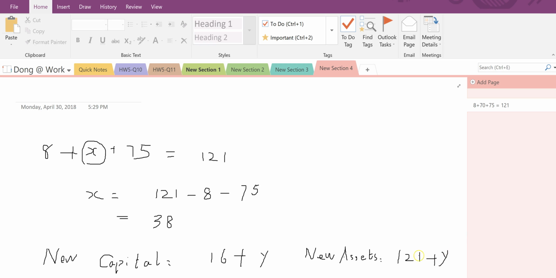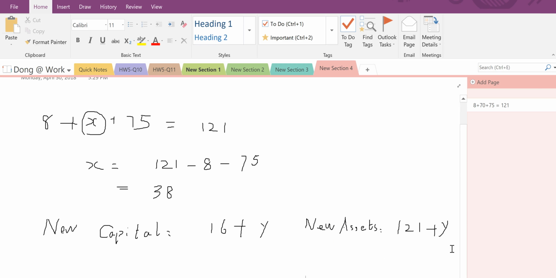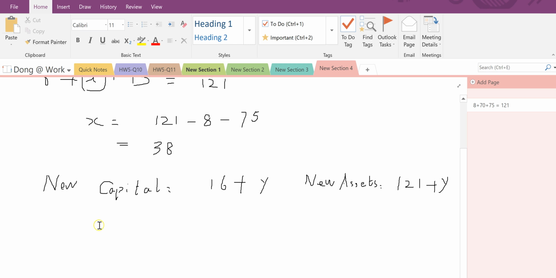Some of you may be tempted just to use the new capital divided by the original total assets, but that's incorrect. We also need to add y to the original assets, and that's our new assets. With this, the new ratio will be 16 plus y over 121 plus y.